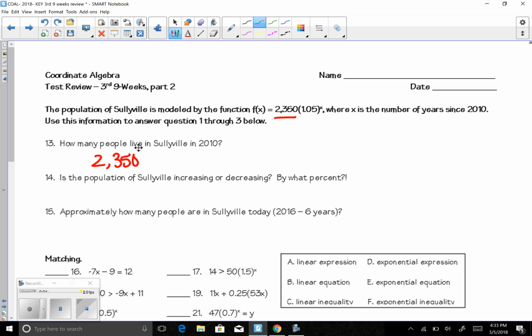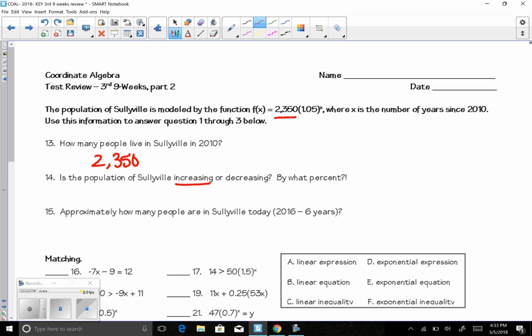And by what percent? So that's where you look at your base. Remember, if your base is bigger than 1, it's increasing. If it's between 0 and 1, it's decreasing. So your base is 1.05, so it's increasing, right? So how much?